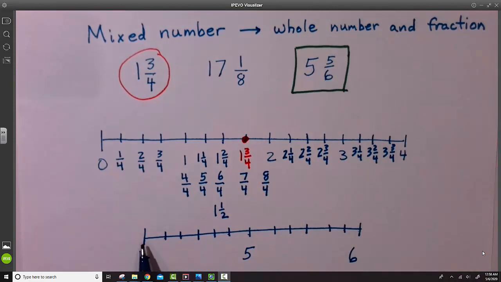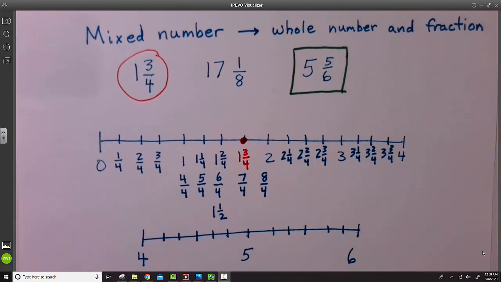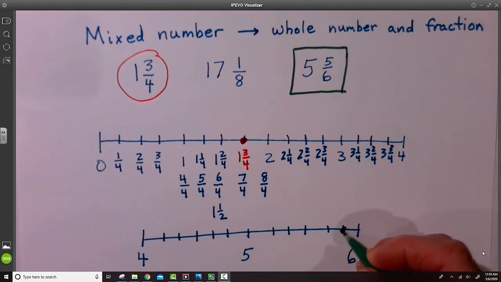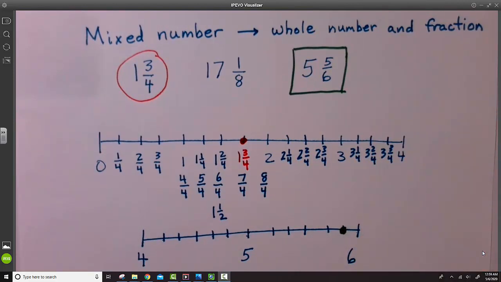So progressing down our number line, we'll move from 4 into the 5 range, and then we will look for 5/6. 1/6, 2/6, 3/6, 4/6, 5/6. This would be the location or point of 5 and 5/6.